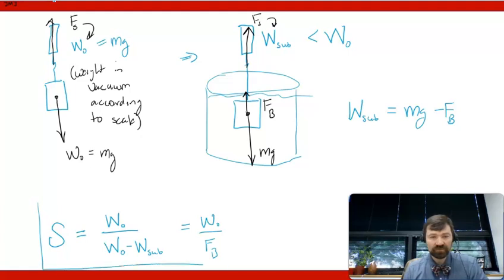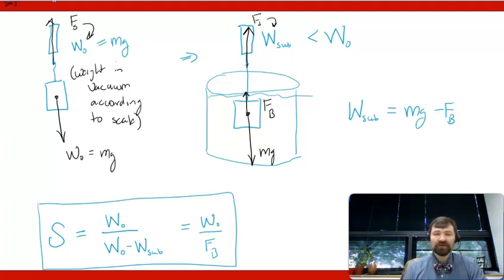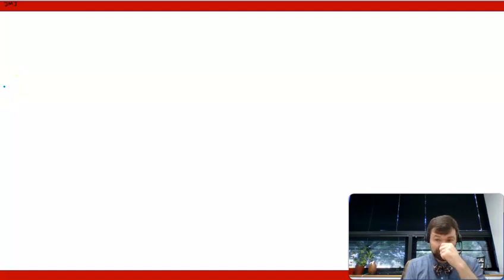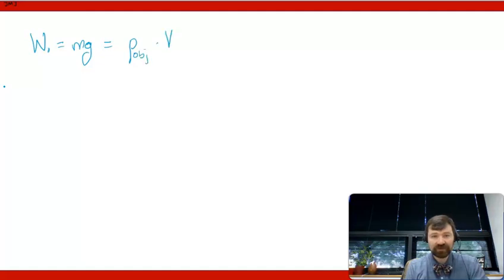Now, why does this work for finding the specific gravity? Well, because if we look at this object, we have the weight while in air, which was mg, which is the density of the object times volume of the object times g.